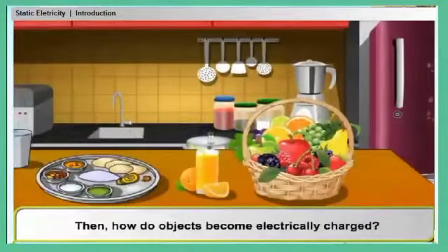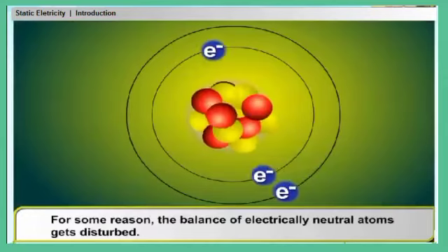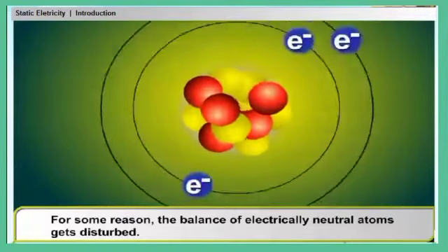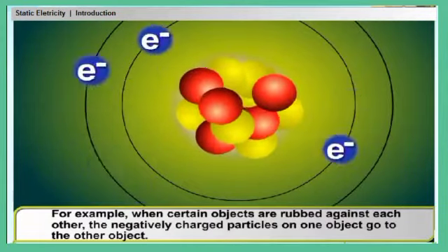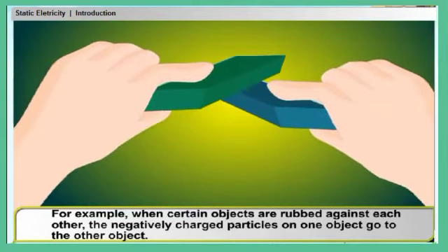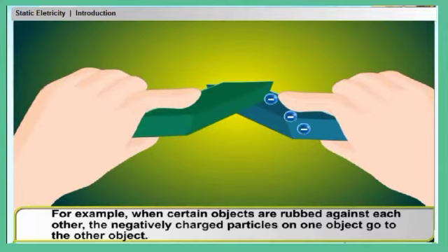Then, how do objects become electrically charged? For some reason, the balance of electrically neutral atoms gets disturbed. For example, when certain objects are rubbed against each other, the negatively charged particles on one object go to the other object.